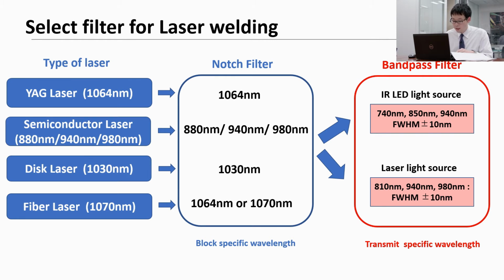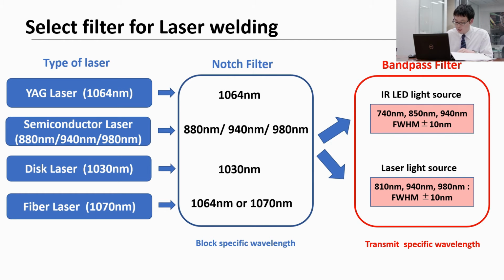When we shoot fiber laser welding, wavelength about fiber laser is 1070 nanometer. So we need to select 1064 or 1070 nanometer notch filter to block strong light of fiber laser. In addition, we need to select appropriate bandpass filter according to the type of light source.